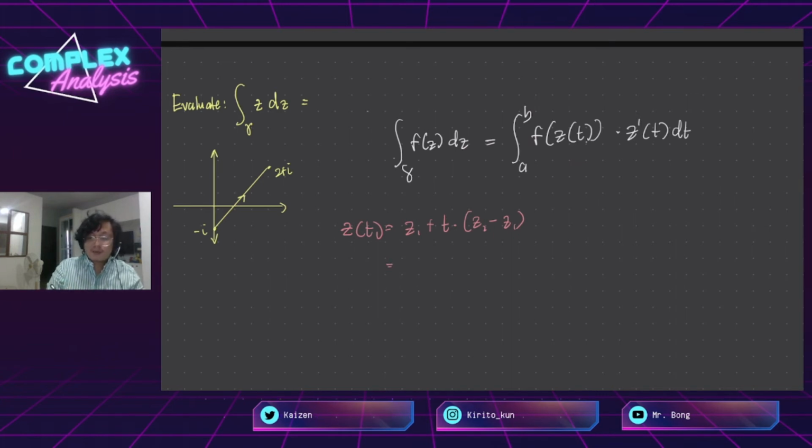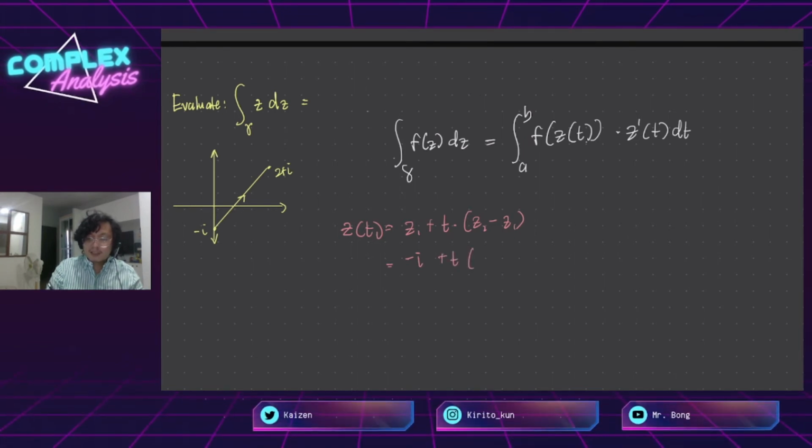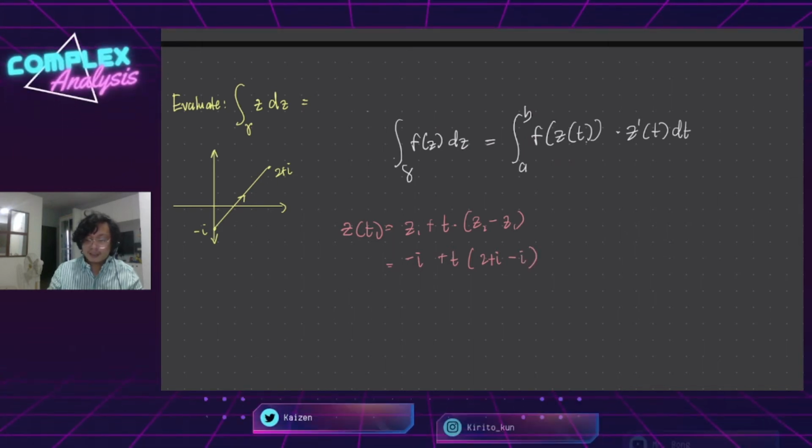We have z of t is equal to negative i plus t times (2 plus i minus (negative i)).